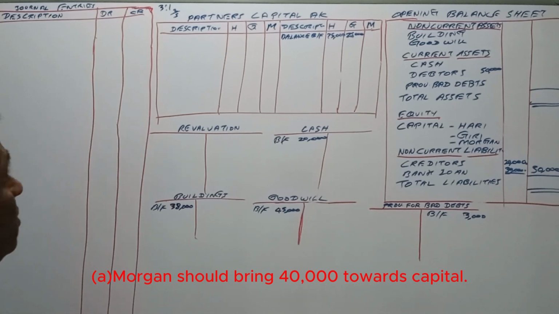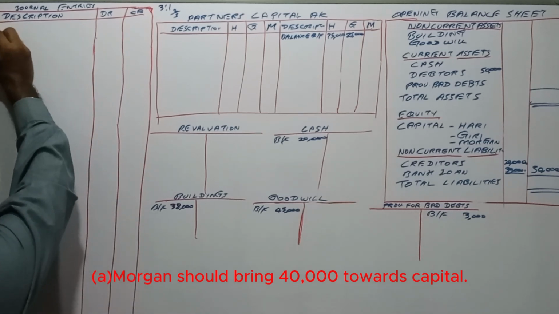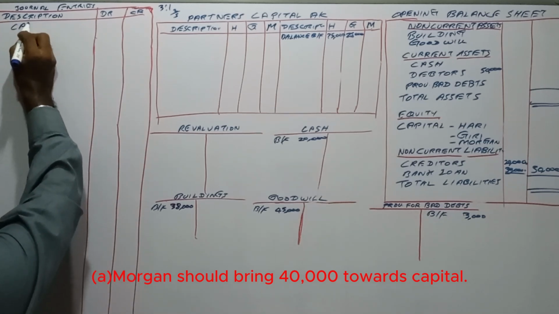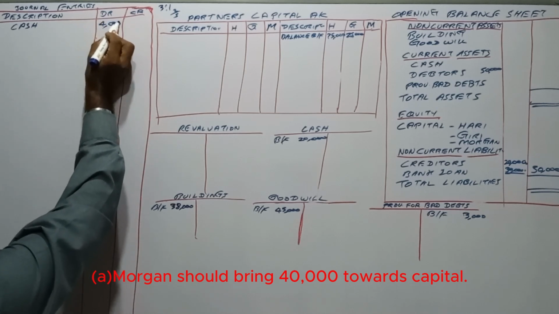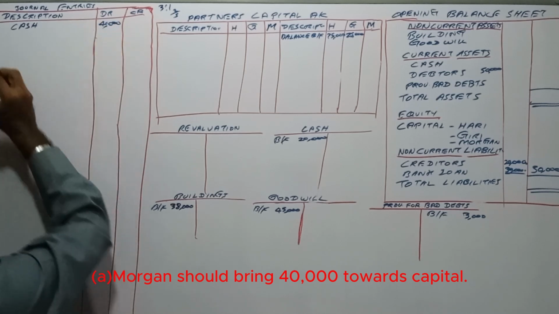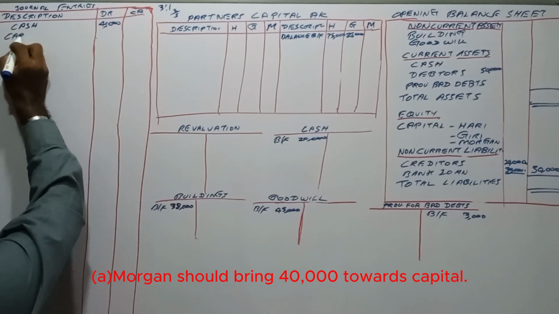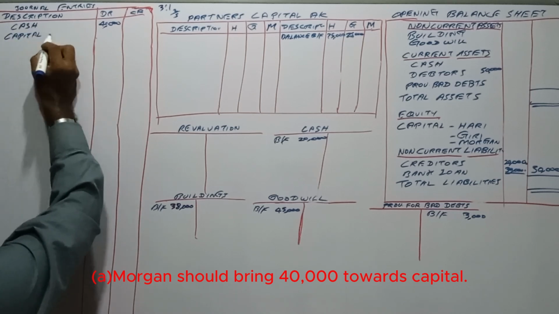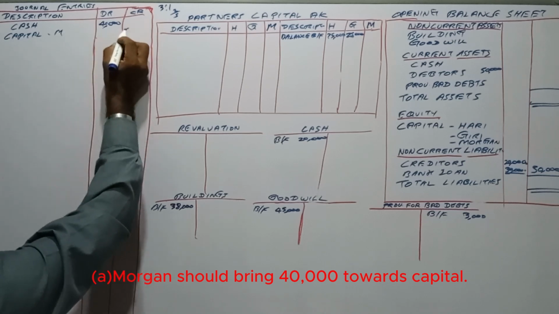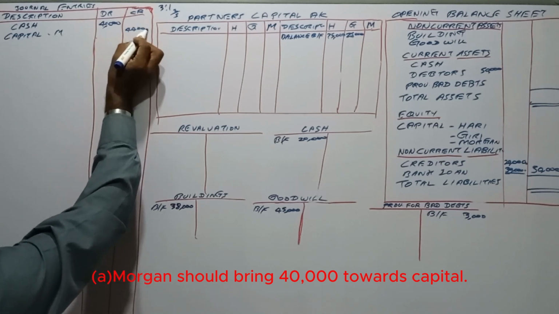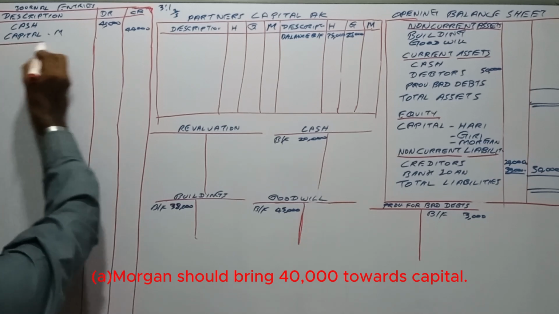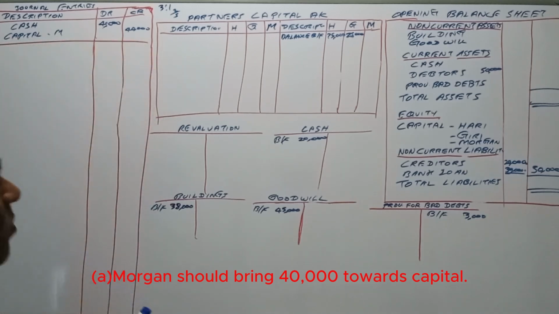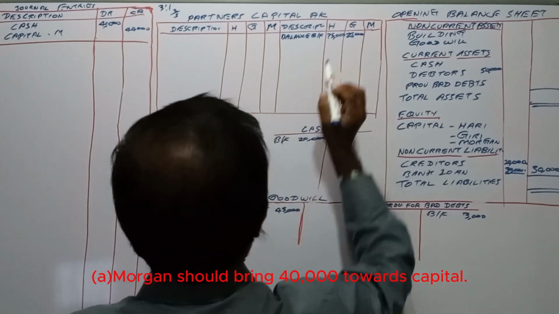Morgan. Number one is the cash account debit 40,000 and the capital account of Morgan 40,000, being capital brought by Morgan.